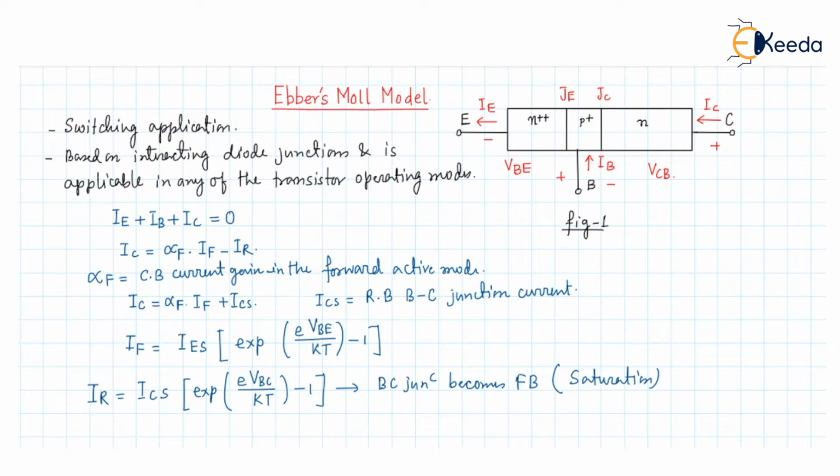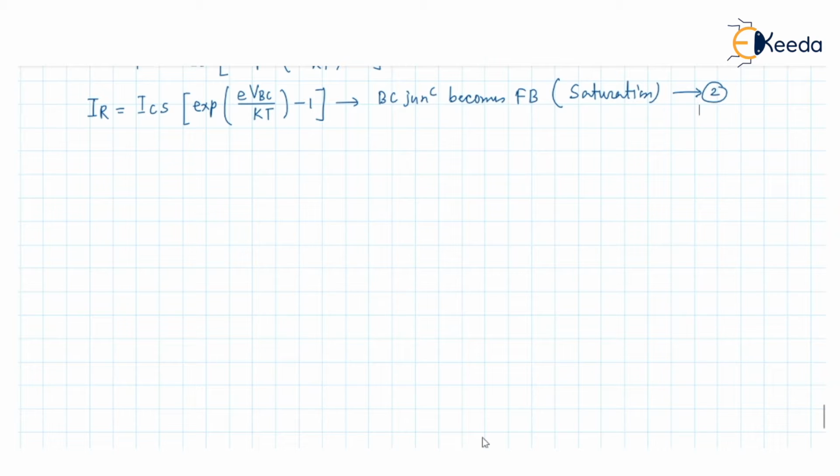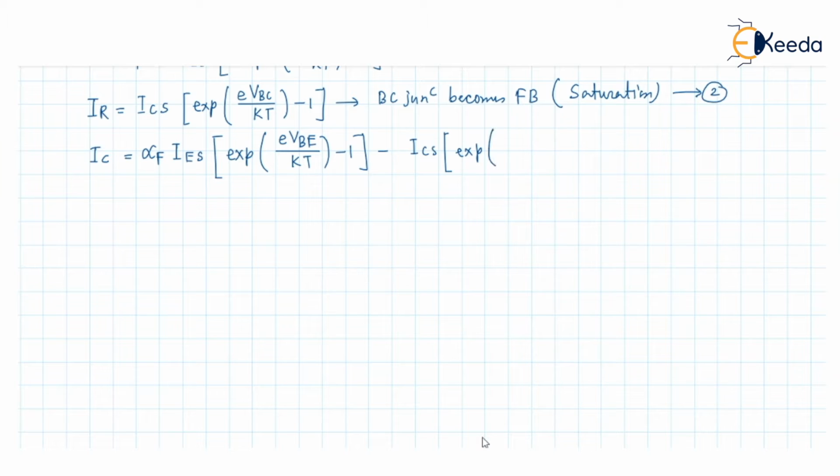From equation number 1 and equation number 2, we find the value of the IC current: IC equals alpha F into IES into exponential of e VBE divided by KT minus 1, minus ICS into exponential of e VBC divided by KT minus 1.